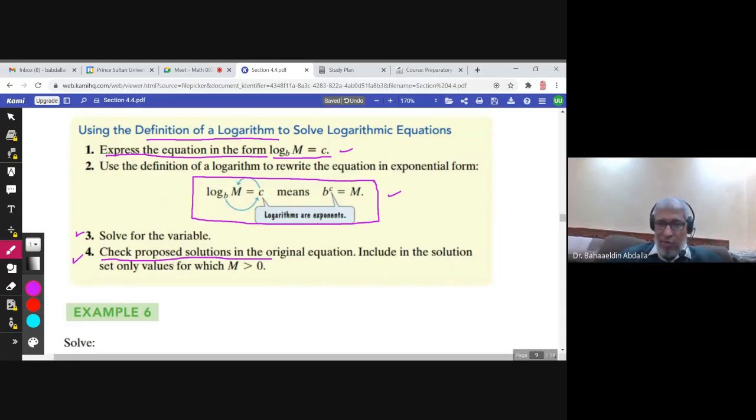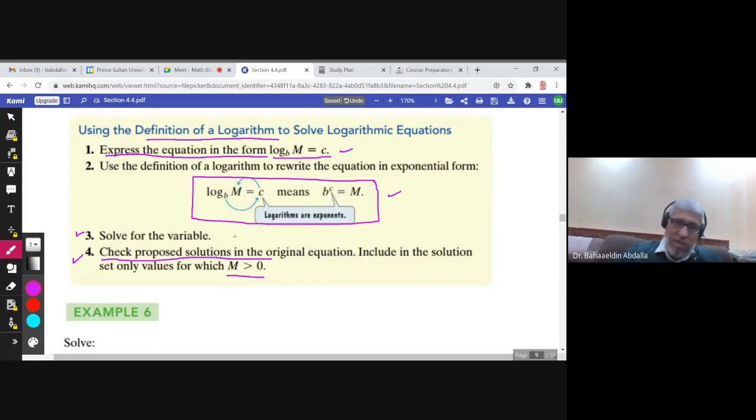Why? Because the domain of the logarithmic function says that m must be positive. So what is inside the log must be positive. So if your solution does not make the expression inside the log positive, you have to remove it, not accept it.